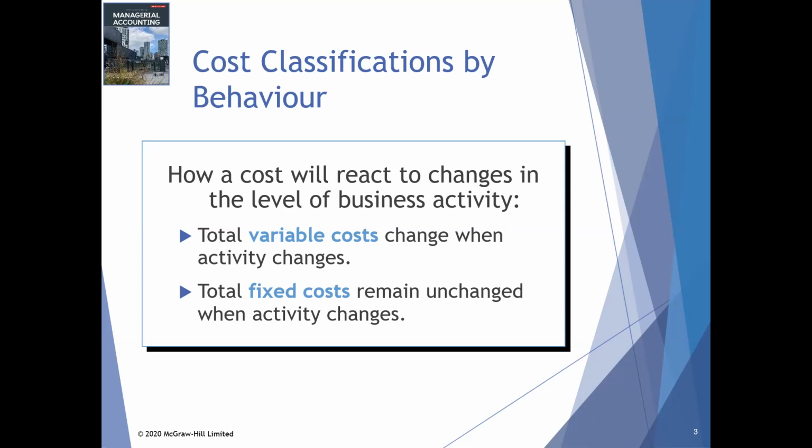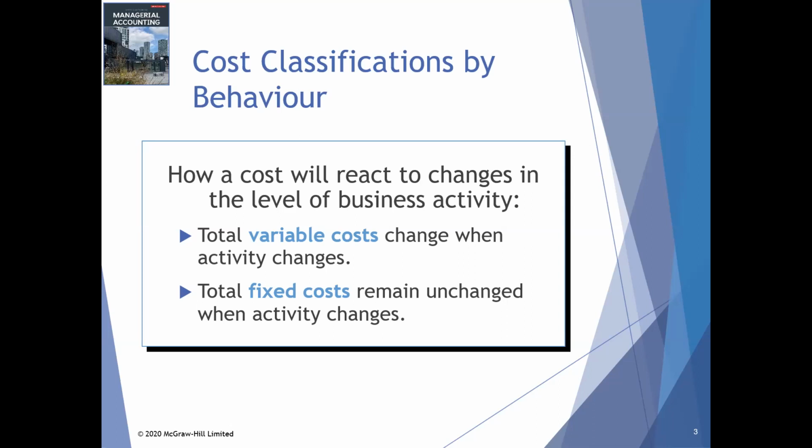The fixed cost is different. Fixed cost remains unchanged when activities change. There are a number of activities that may change, but a fixed cost is not going to change. Take an example of the rent of the building. The rent of the building is not going to change, whether you have produced more articles in your manufacturing unit, or you have more employees or fewer employees, it doesn't matter.